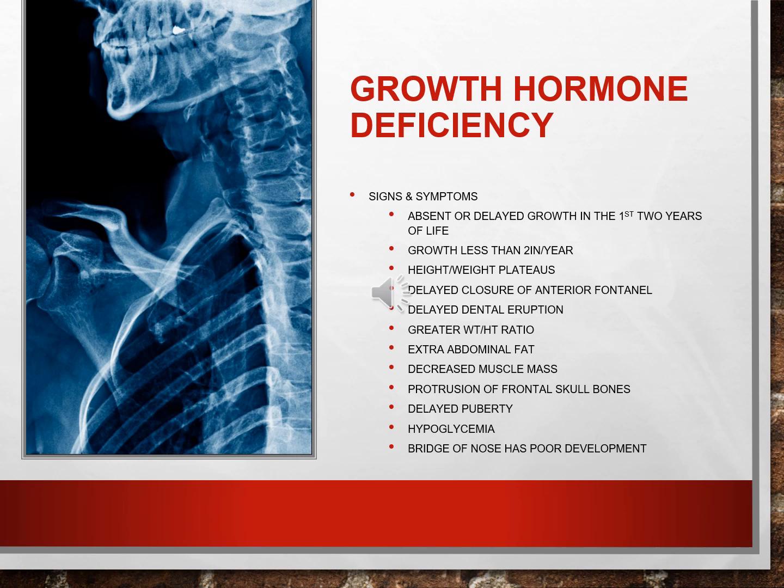There's a greater weight to height ratio and extra abnormal fat. There's a decrease in muscle mass, a protrusion of the front skull bones, a delay in puberty, hypoglycemia, and a poorly developed bridge of the nose.